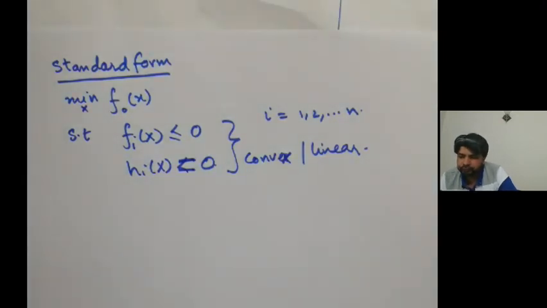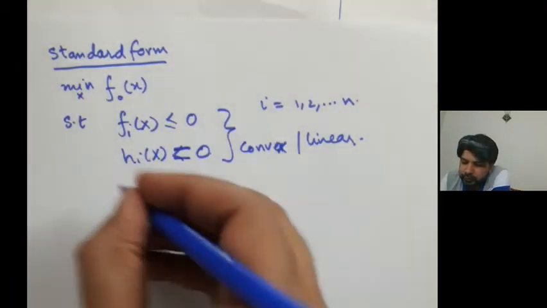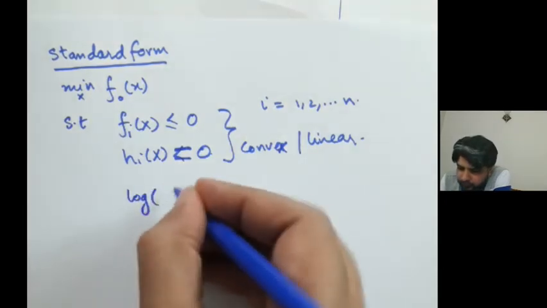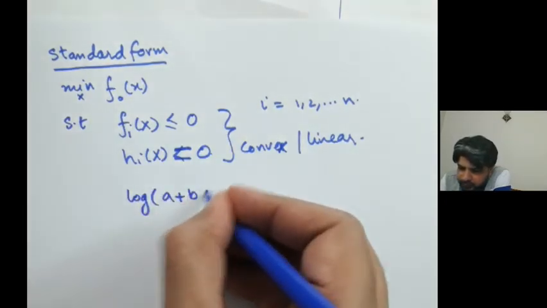So if you take an example of a log function, the log is a concave function, and if you want to find out whether or not the function is convex or concave, you have the second derivative rule. For example, you have this function log of a plus bx.